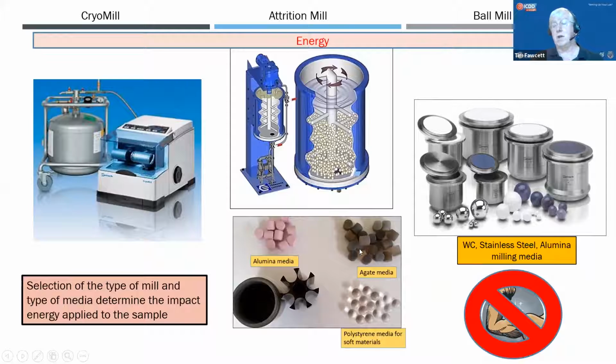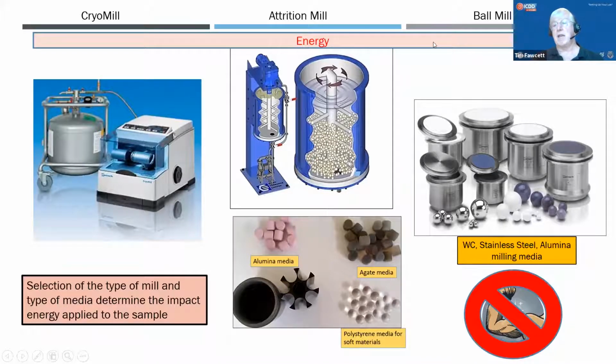And the general rule of thumb is hard media for hard materials, soft media for soft materials. If you use polystyrene to grind quartz, all you'll do is make a fine polystyrene powder, probably won't grind the quartz at all. But polystyrene might be a great media if you're looking at a pharmaceutical or a softer material. Agate, once again, would be used, or alumina would be used on your harder materials.